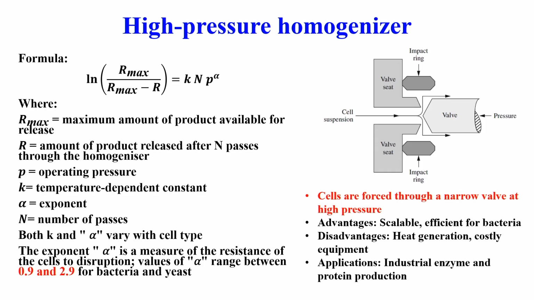So, you can see in the case of high pressure homogenizer, the cell suspension is pressurized through this valve seat, and this is the valve. Here you are applying the pressure, then they have to pass through these narrow openings.